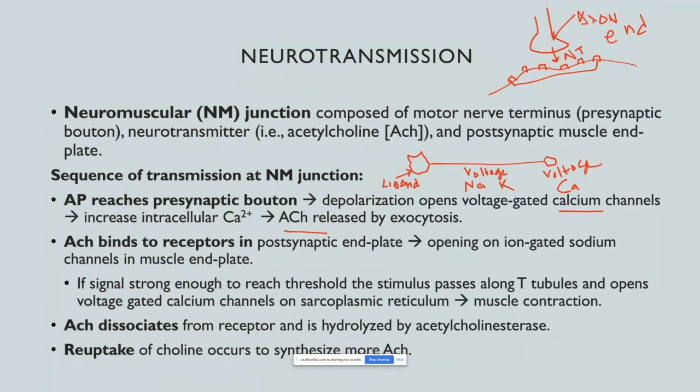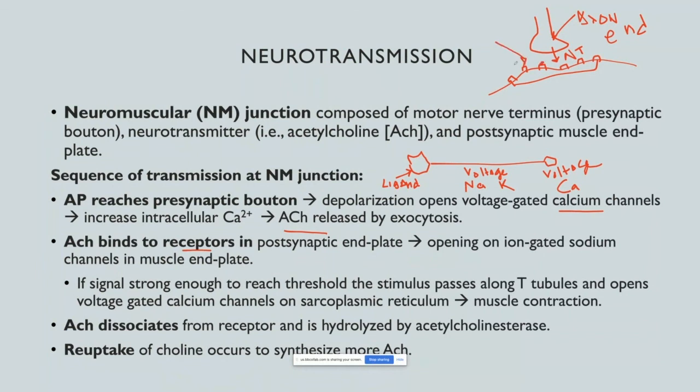There are different things. This gets a lot more complex than this, but we are trying to go to the basics. When acetylcholine is released, it is going to bind to the receptors in this motor end plate. Let's say acetylcholine is here.